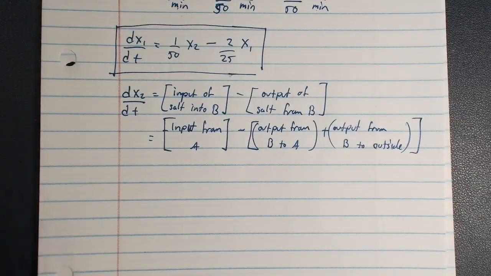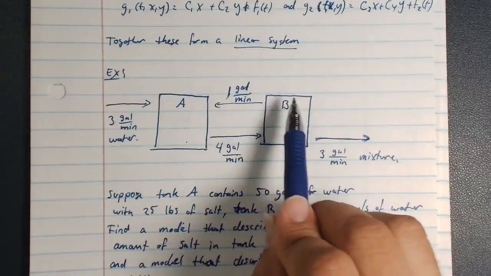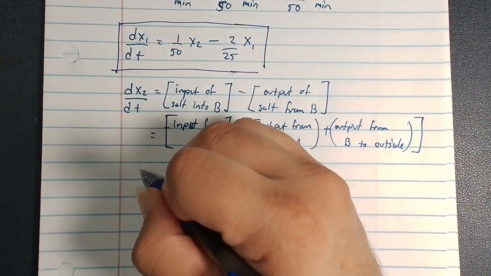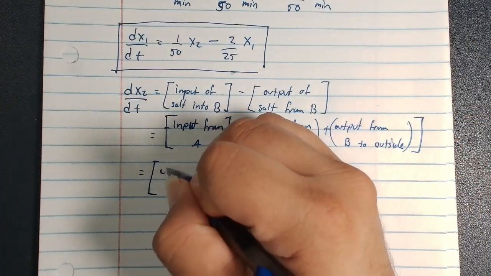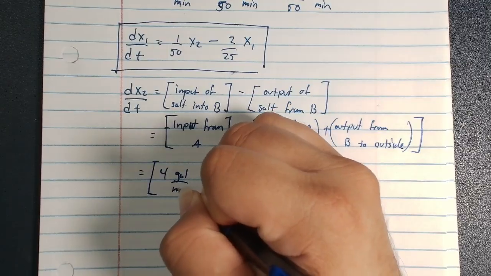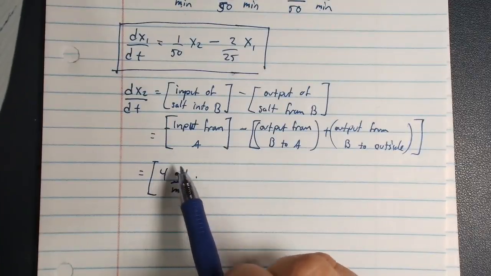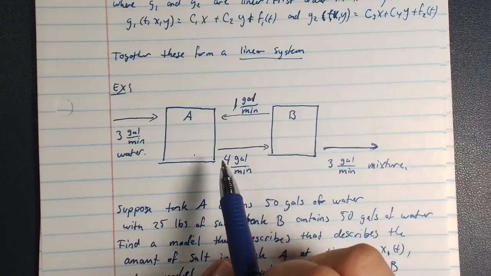Input from A. Coming into B from A, we have a rate of 4 gallons a minute. So that's going to be 4 gallons per minute times, now we have to have a concentration. This is just the liquid, but how much salt is in that 4 gallons per minute?